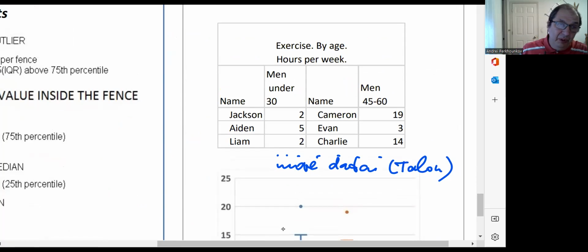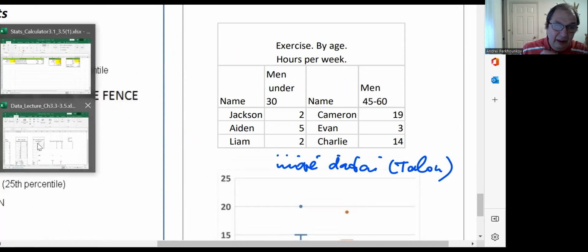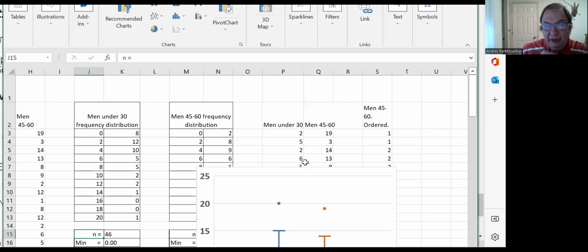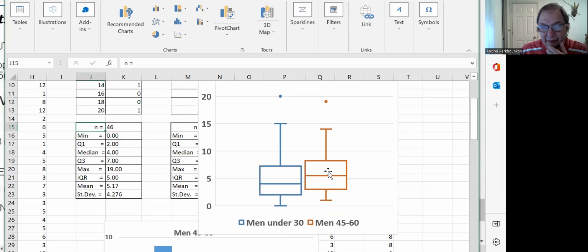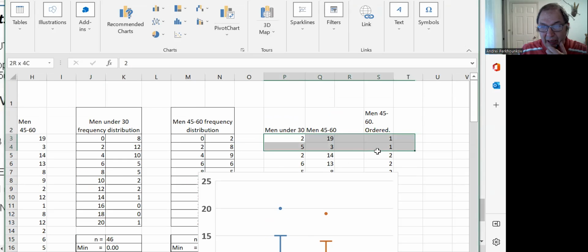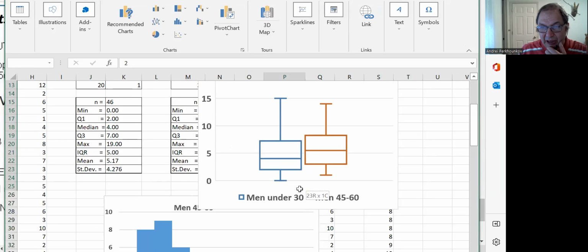And so what you do then, so this is our data. You can download, again, those skills are not required on tests, but this is our data, and this is our man, and I already have the box plots, but let me delete it.